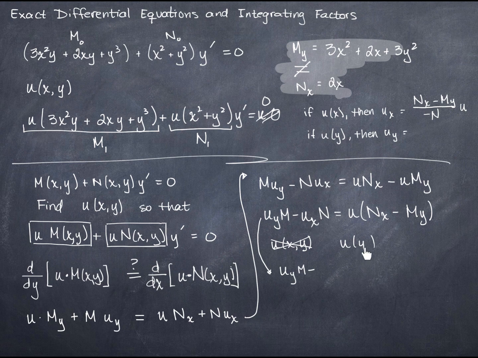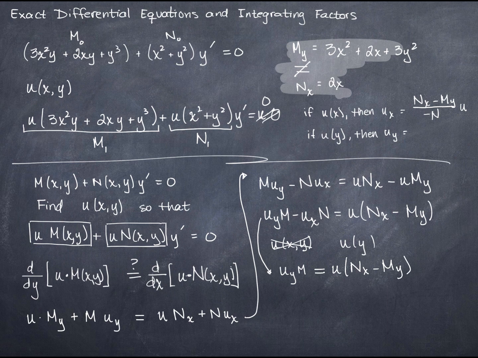When you differentiate a constant with respect to x, you get 0. So this whole term becomes 0. And in fact, I don't even need my minus sign, right? Because I have minus 0 there. In that case, this is going to be equal to u times n sub x minus m sub y.